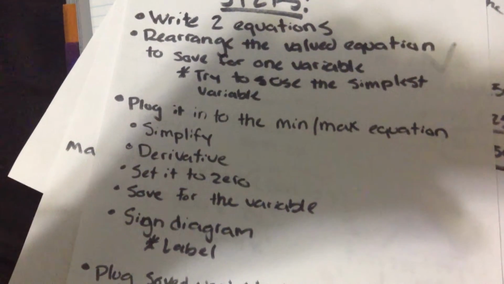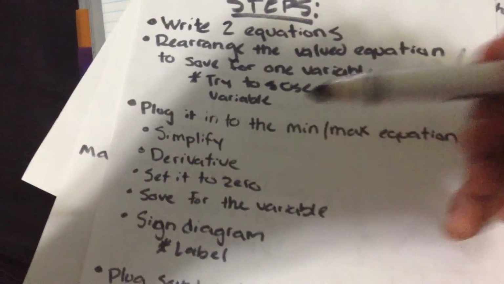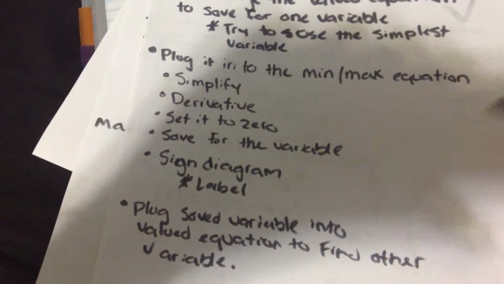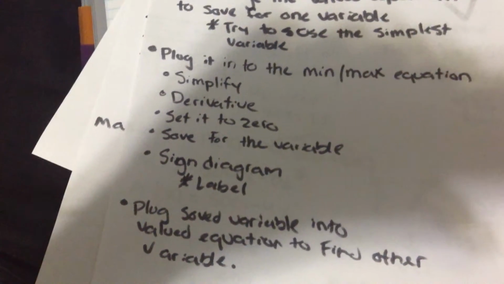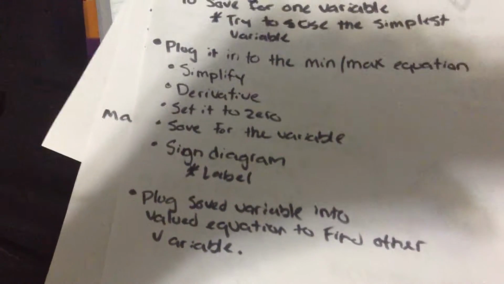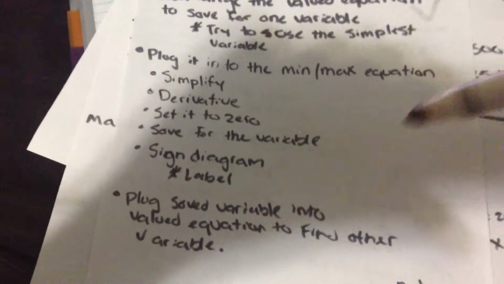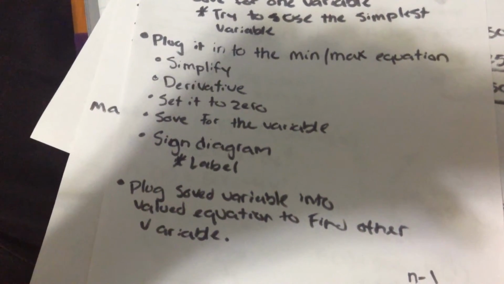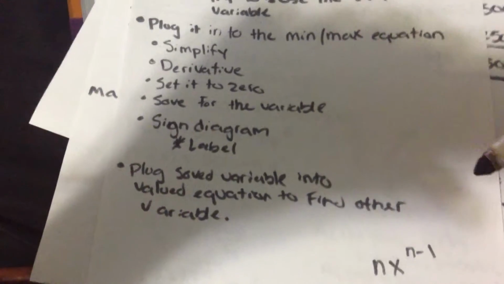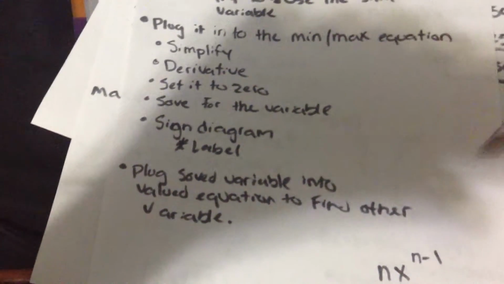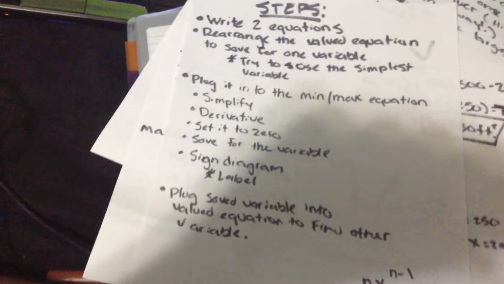Plug it into the minimum maximum equation, simplify it, find the derivative, set it to 0, solve for the variable, use the sign diagram, and label it. Then plug the value in to find the other variable, and you should be all good for optimization.